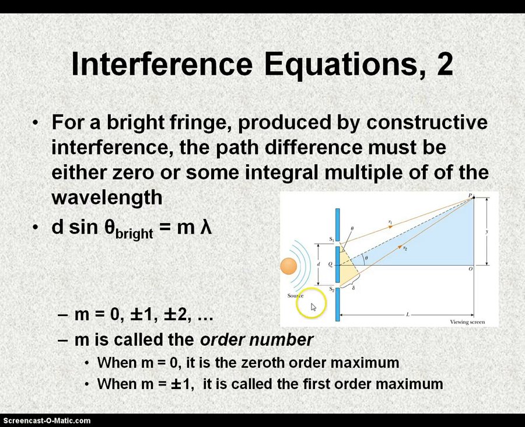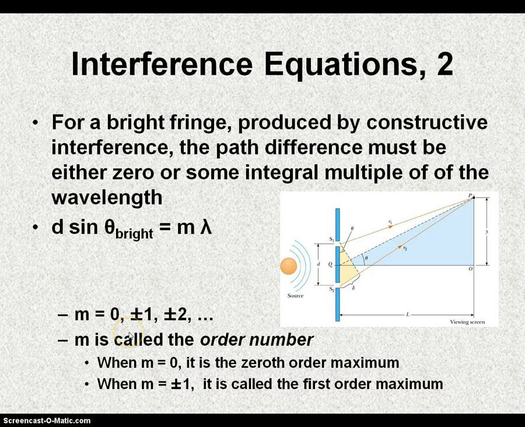And so in order to calculate what is happening here, we actually relate the wavelength of light, because that's going to relate to how far it has to travel. M is the order number. The order number is what maximum fringe are we seeing? Are we seeing the first maximum fringe or the second or the third? Okay, and that is the order number.